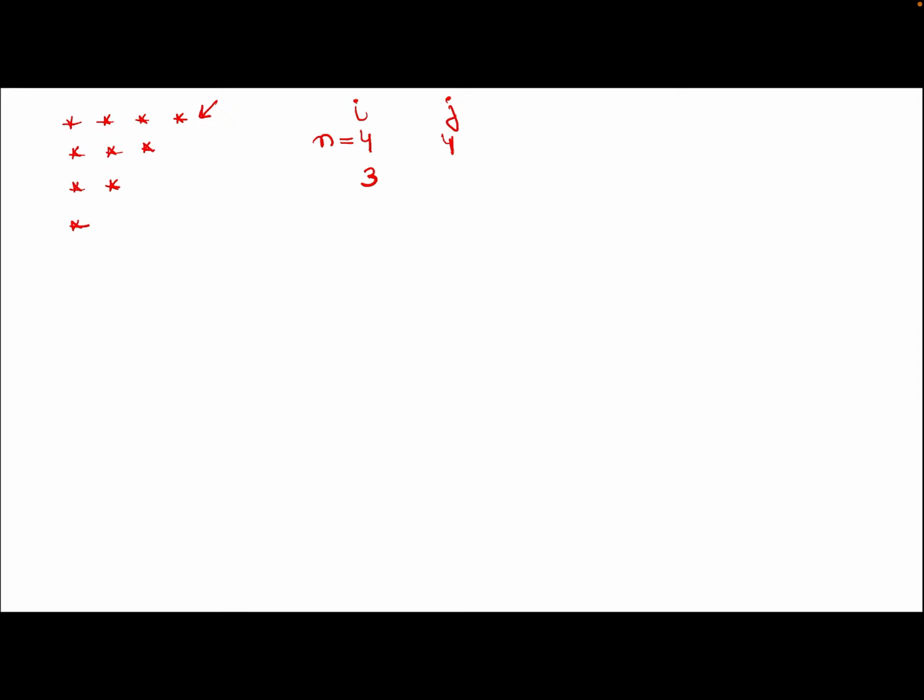So when i is 3, this asterisk should be printed 3 times. So here as well, j is printed i times, similar to our earlier example. So I can write it like this. I initialize i with n, and check the condition if i is greater than or equal to 1, and decrease the value in each iteration.